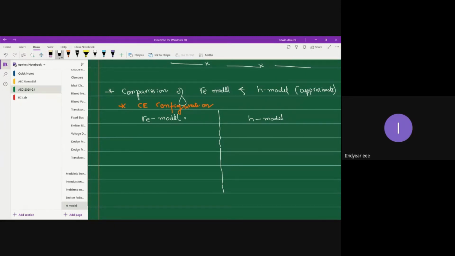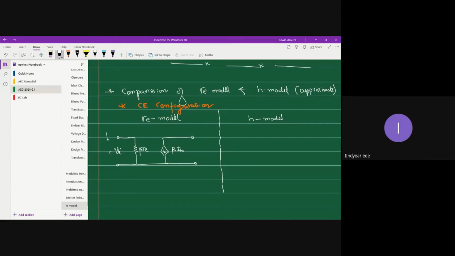So the RE model of CE configuration looks like this, right? You have beta RE and you have beta IB. This is your VI.